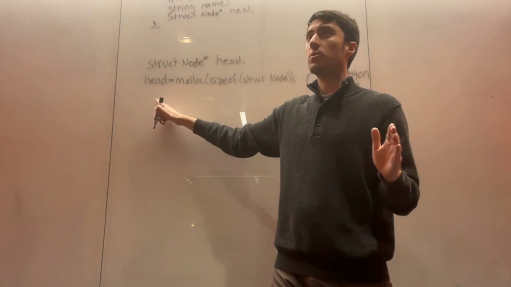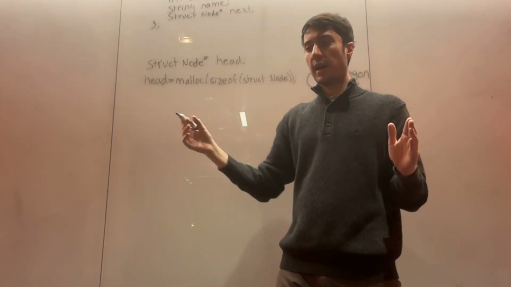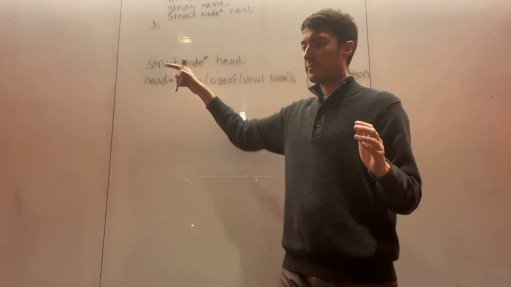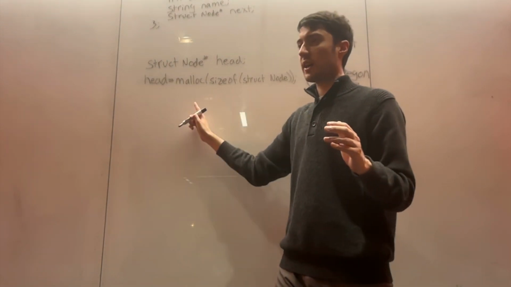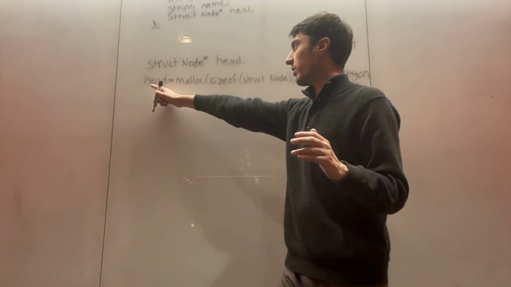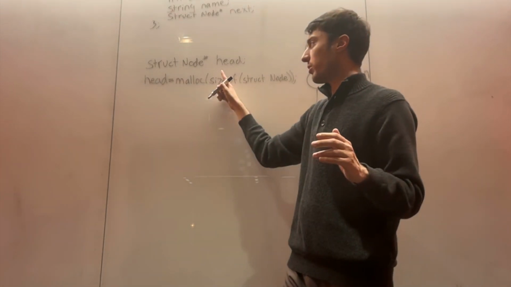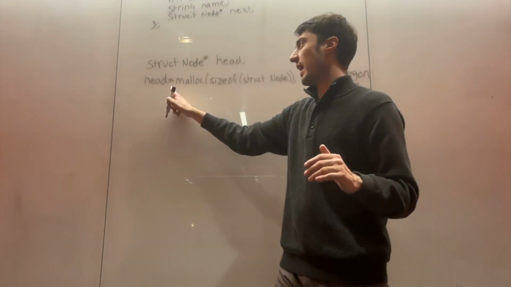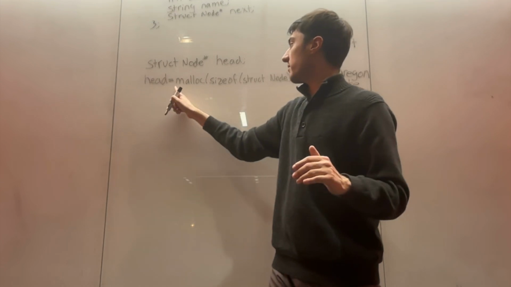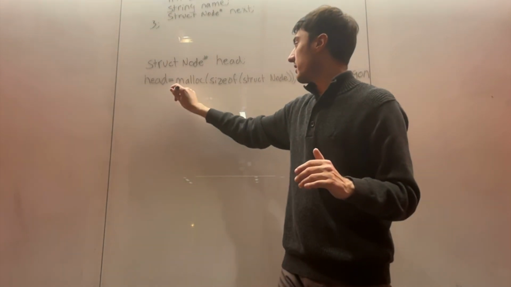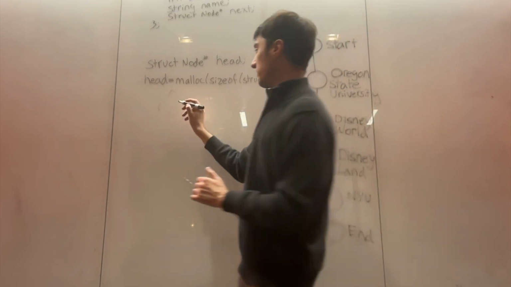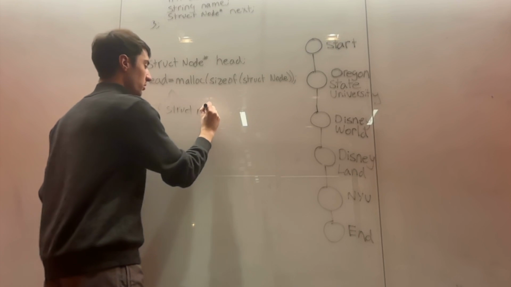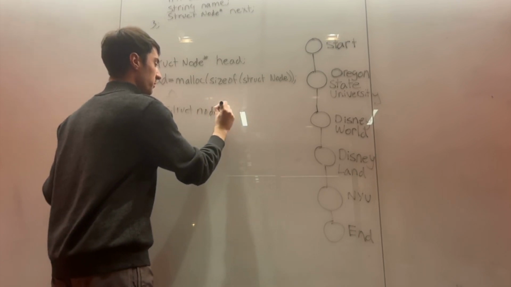And then we said it's equal to head. So why equal to head? Well, equals to head is it returns the memory address of what we just allocated, and we can store that in head because it is a struct node pointer. And then what we should do is we'll also have to cast. So we can say this right here, and then we'll have some casting, which is like struct node pointer.